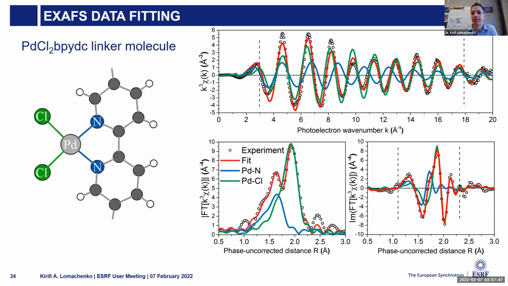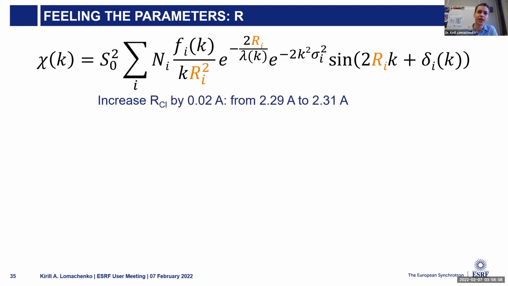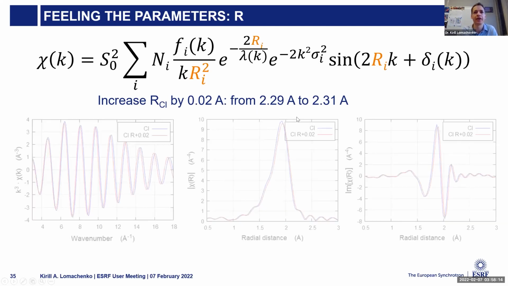On this example, let's see how different parameters influence the EXAFS spectrum, because this is very useful to get a feeling for the different parameters. So when we change the parameter R, the interatomic distance, let's change it for chlorine in our example a little bit, by 0.02 angstrom.